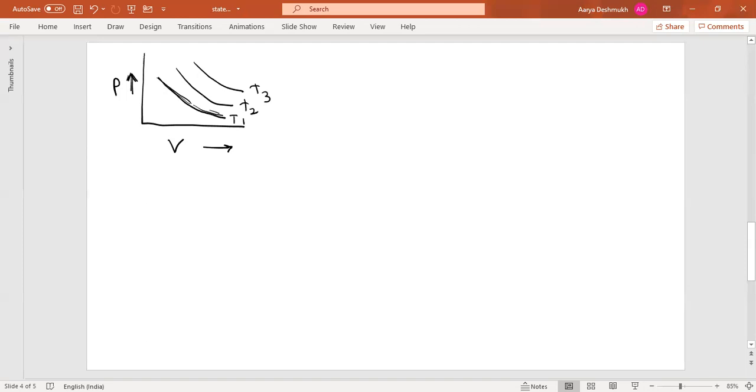Means if you take one of the points here, this is a particular volume of the gas and this is the pressure of the gas. Now, if you go for this point on this graph, this is the volume of the gas and this is the pressure. Here this is the value for the pressure. Now, if you take a third point here, this will be the volume and this is the pressure. Means what do you observe from here?